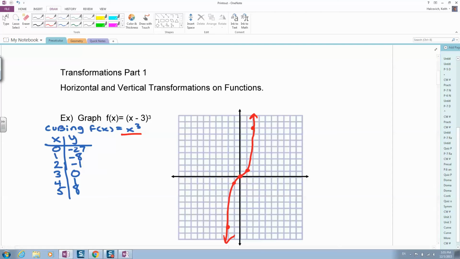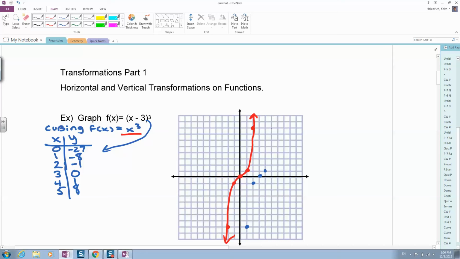Notice this new version, when I subtracted 3: you have 0 and -27, which is way down here. But you have 1 and -8, which is right here. You have 2 and -1, which is right here. 3 and 0. 4 and 1.